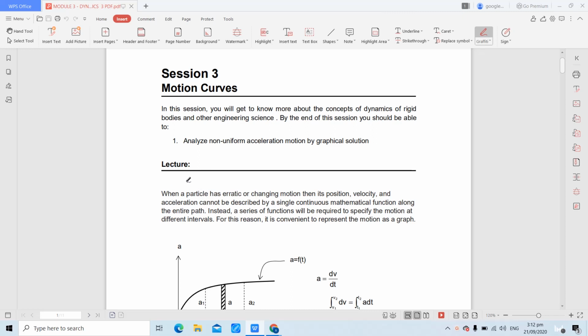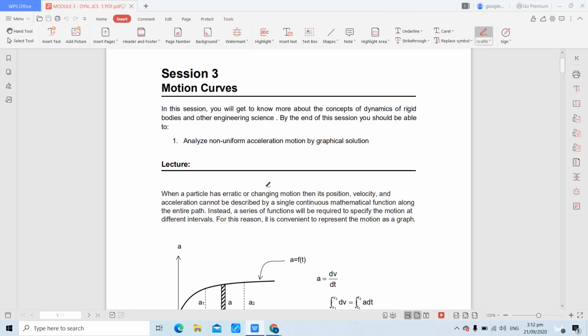So here, when a particle has erratic or changing motion, then its position S, velocity v, and acceleration a cannot be described by a single continuous mathematical function or equation along the entire path. So kapag pabago-bago yung motion, magkakaroon tayo ng madaming equations na i-derive or i-integrate.